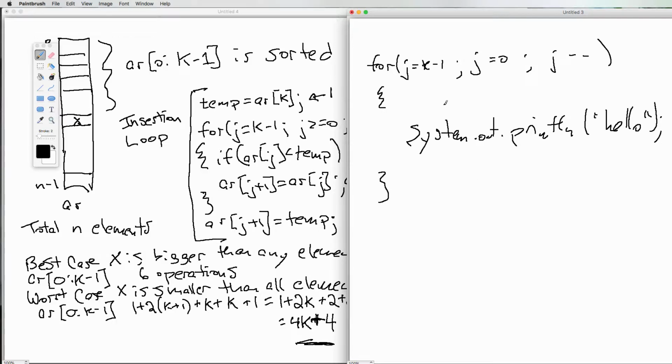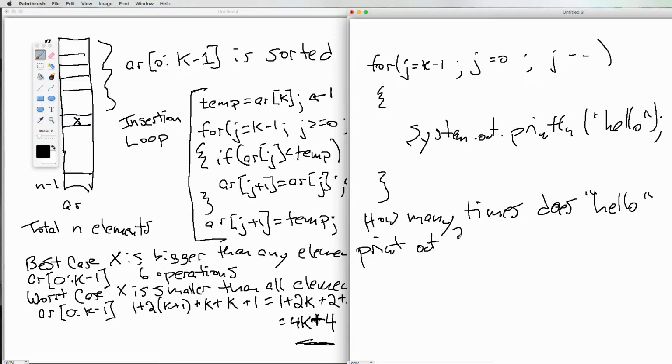And here's my quiz question for you today: how many times does hello print out? And the answer to that, well, it goes from 0 to k minus 1. That's k times.